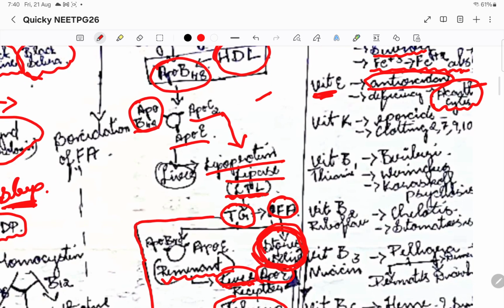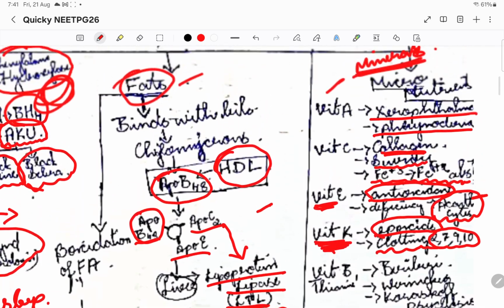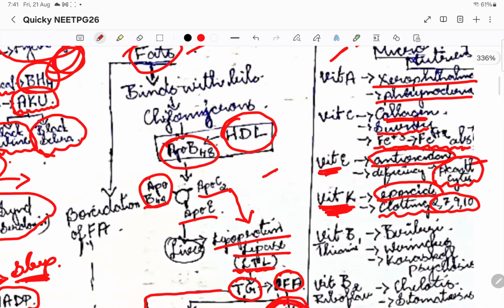Then coming to vitamin K, it is epoxide. Remember, the word epoxide is nothing but vitamin K. Here the clotting factors 2, 7, 9 and 10 are involved. The formation of 2, 7, 9 and 10 requires vitamin K. That is the thing I want you guys to remember. And A, D, E and K are fat soluble vitamins.